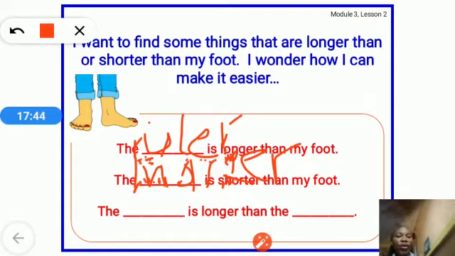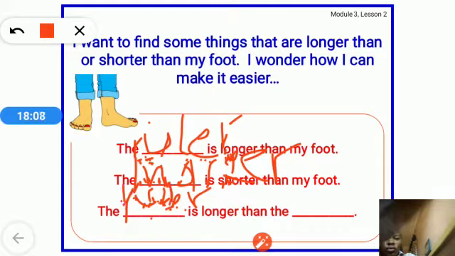The dash is longer than the dash. So which is longer? My ruler. Don't mind my writing. My ruler is longer than my marker.